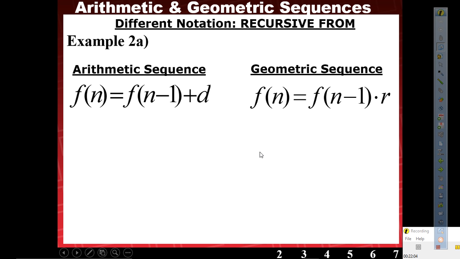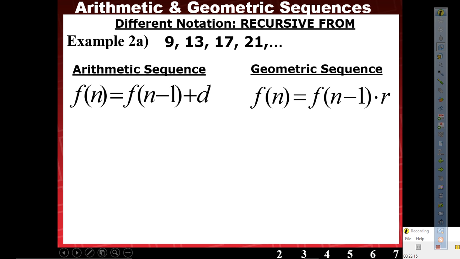Look up. They're going to give you a sequence such as this one. Don't say it out loud. Keep it to yourself. Once you see the sequence, you need to identify if it's arithmetic or geometric. Once you identify that, you need to identify what D is and which formula to use.